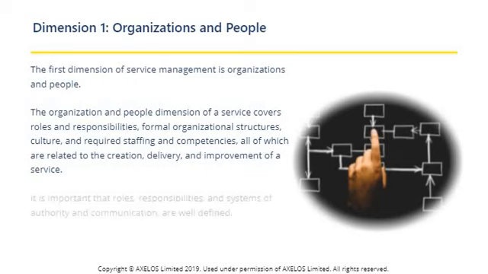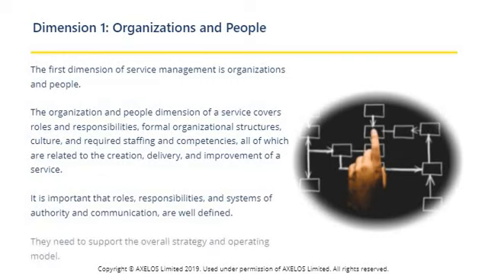It is important that roles, responsibilities, and systems of authority and communication are well defined. They need to support the overall strategy and operating model. When looking at this dimension in relation to the ITIL SVS, the focus should be on the same aspects, but in the context of the organization acting as a service provider.